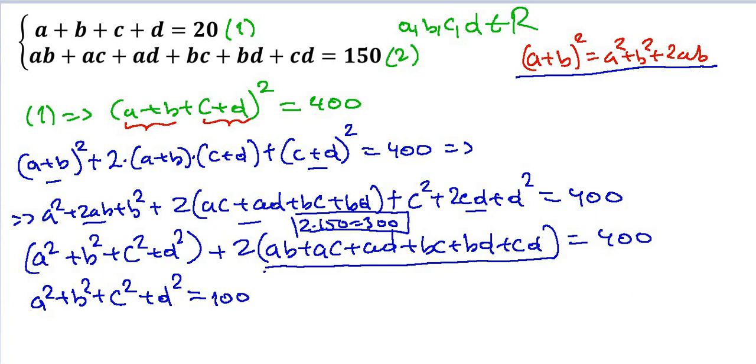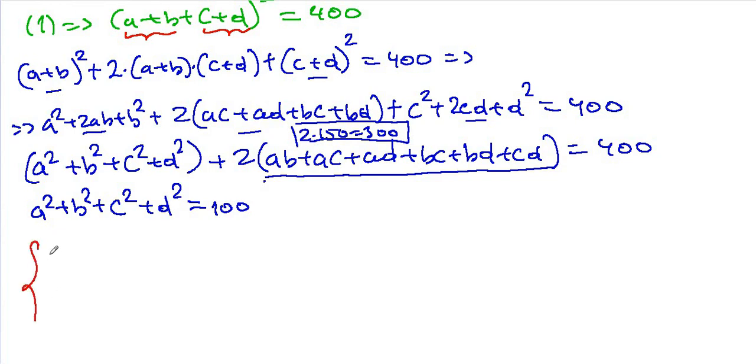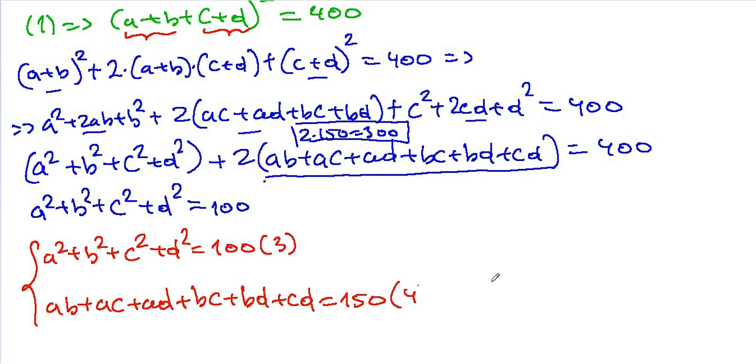Therefore our new system of equations looks like this: a^2 + b^2 + c^2 + d^2 = 100, and ab + ac + ad + bc + bd + cd = 150. Let me call this equation third and this one first.